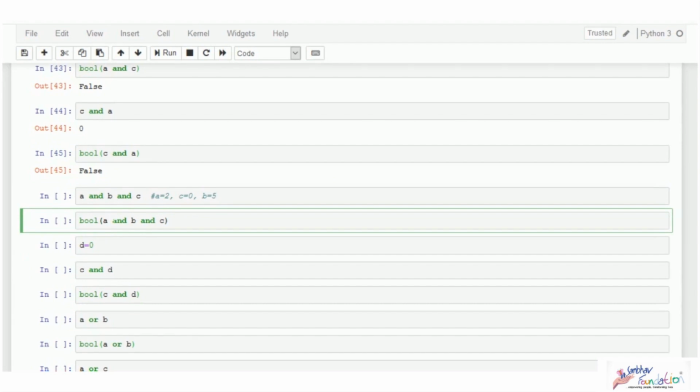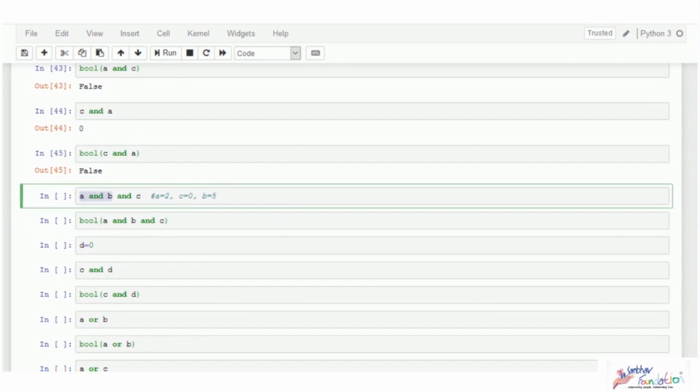So what happens is, the interpreter reads from left to right. First, the output of this particular portion is calculated, that is for A and B. So the result of A and B, since both are non-zero, you get the second number as the output. So this will be the output of A and B, which is B. Now it checks for B and C. So B is true and C is false.